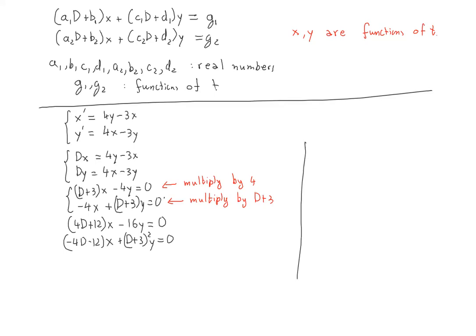So what do I mean when I say (d plus 3) squared y? This is where that concept that I briefly discussed before kicks in. When you work with expressions that involve d, you can actually multiply them together. So this thing is going to be d squared plus 6d plus 9.